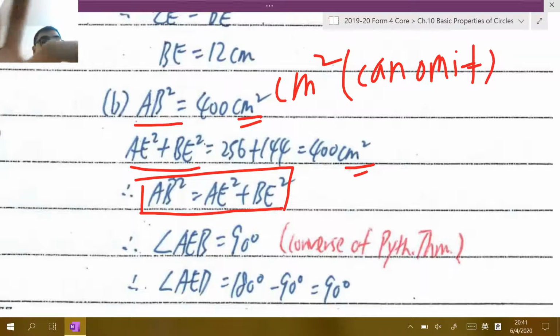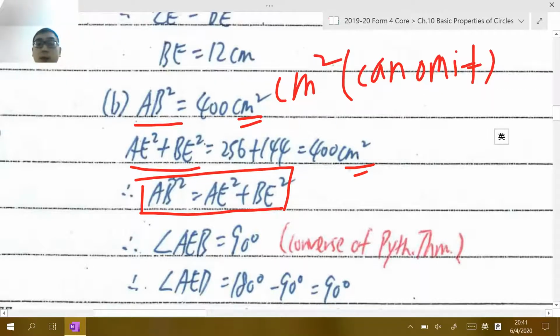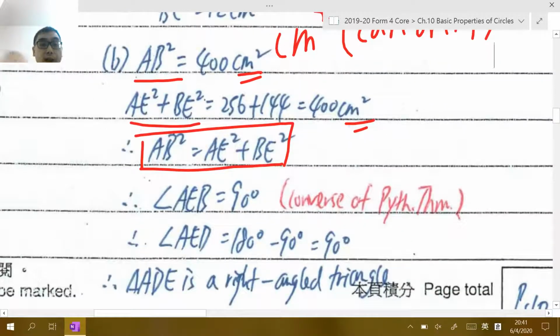Then you have to understand that after you have written the reasons here, you have to show clearly what you have. The first thing you have should be only angle AEB, not your result directly, because this is considering triangle AEB, not triangle AED.